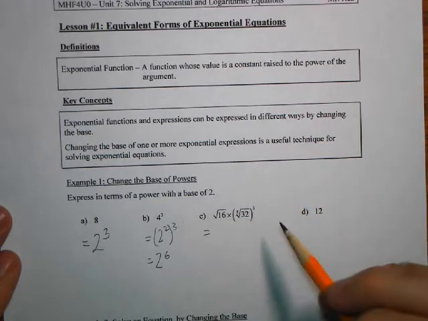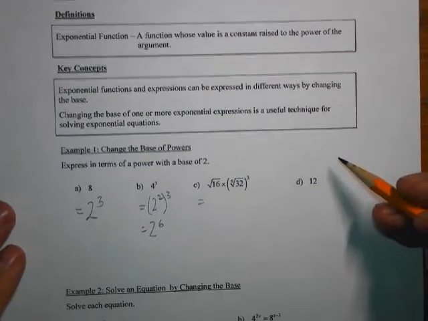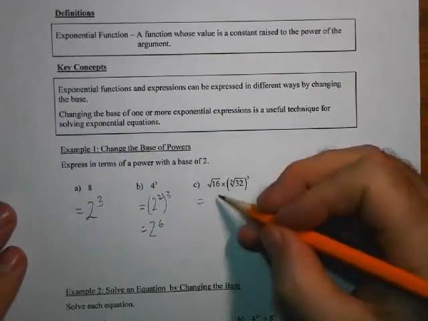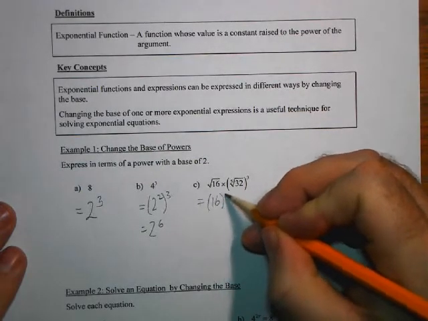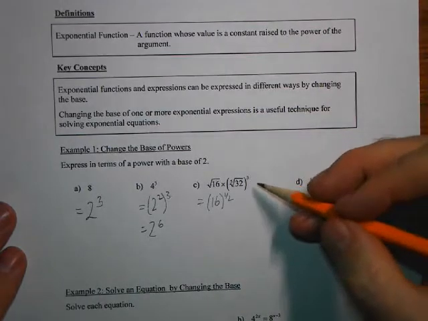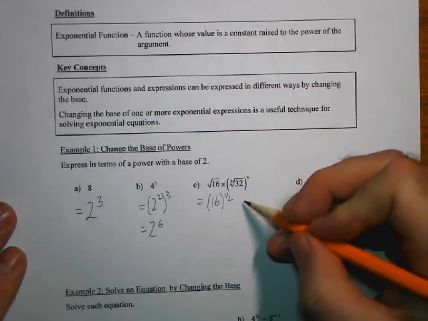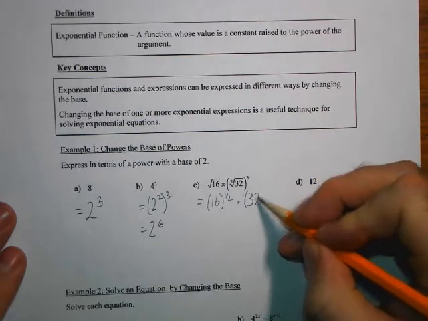As you remember, square root is equivalent to having an exponent of 1/2. So I'm going to put 16 to the power of 1/2. That's the same as the square root of 16.